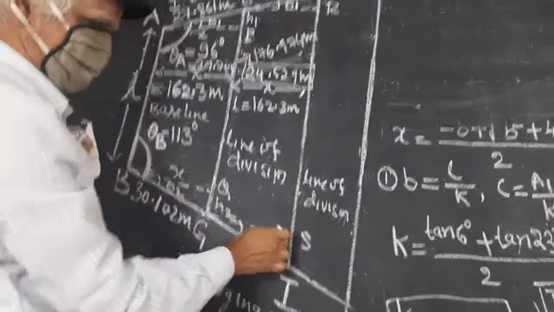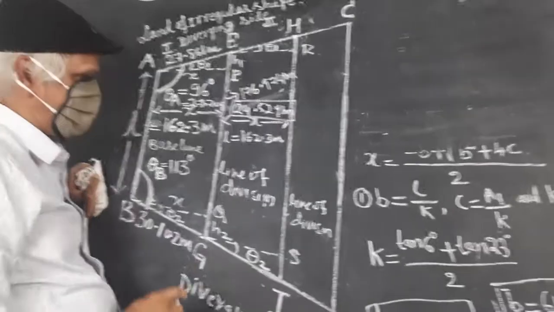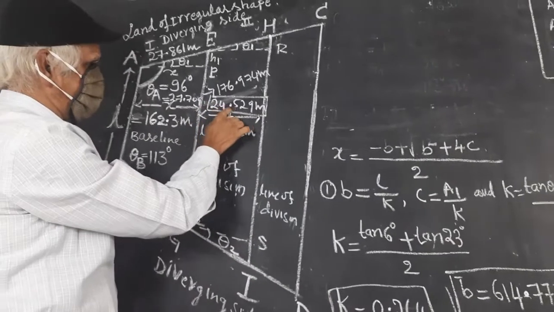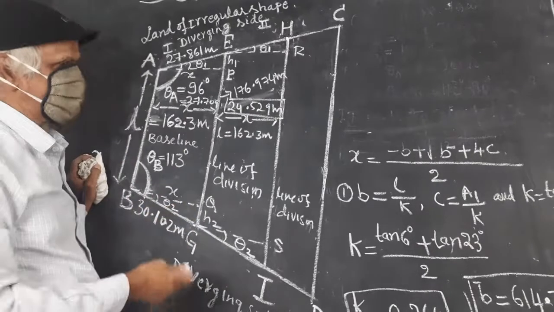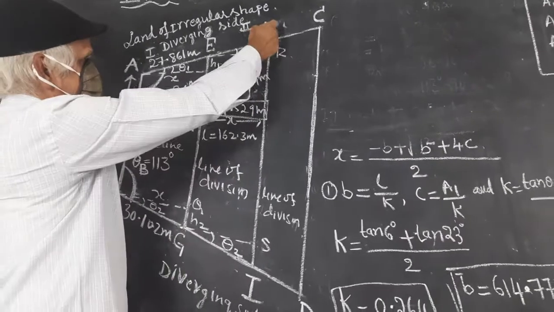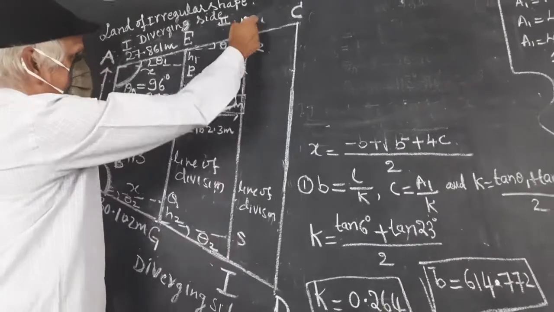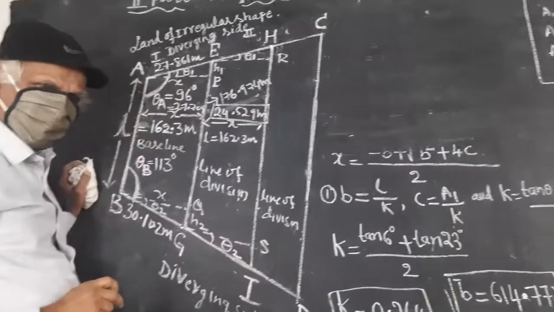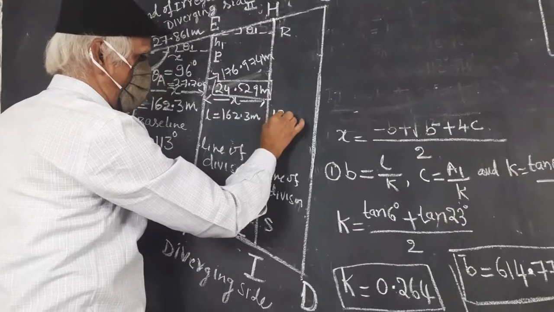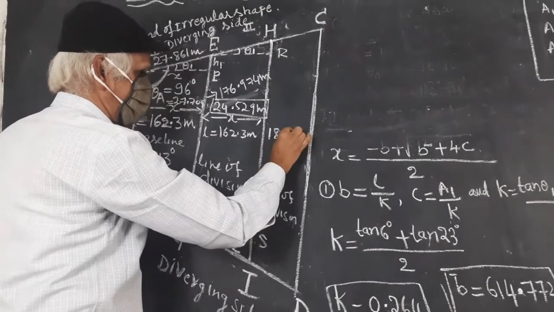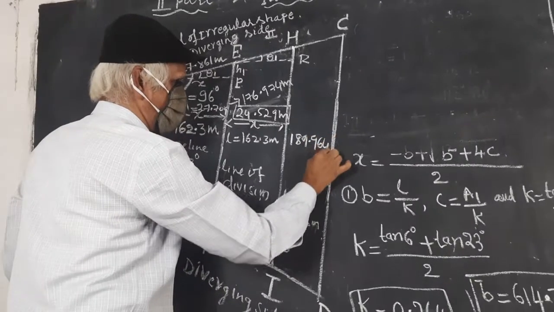That is, the second line of division is situated at a distance of 24.529 meter. This comes after the calculations. Similarly, the length of the division line for the second partition will be found to be 189.964 meter.